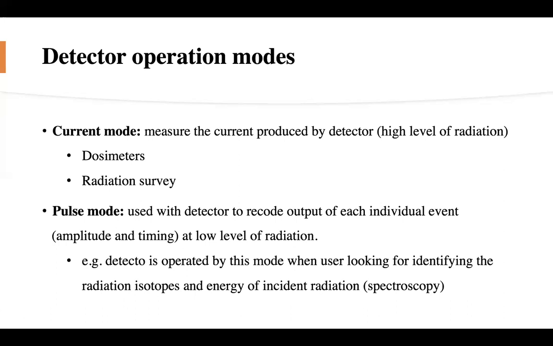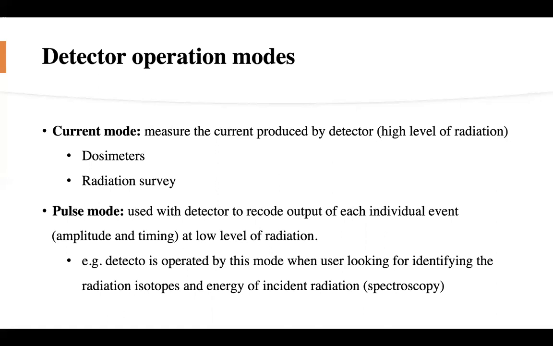We measure high levels of radiation, and the 2 main detectors that use this current mode are the dosimeter and the radiation surveymeter. Pulse mode is used with the detector to record the output of each individual event, amplitude and timing, at low levels of radiation.